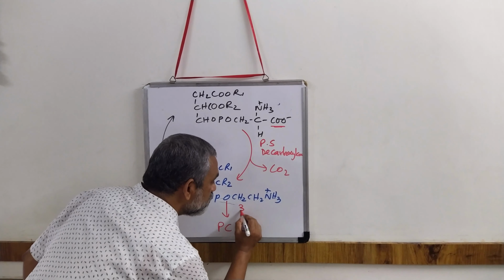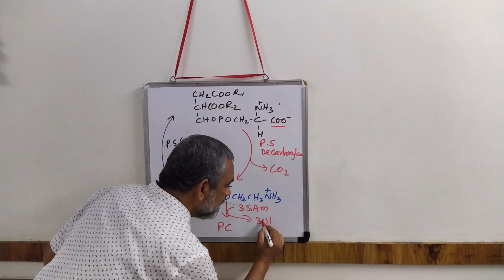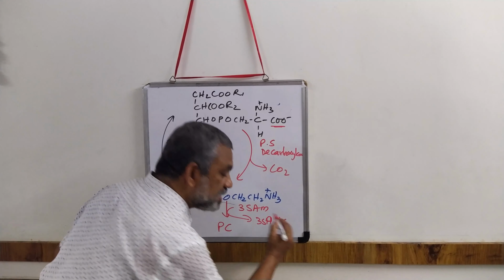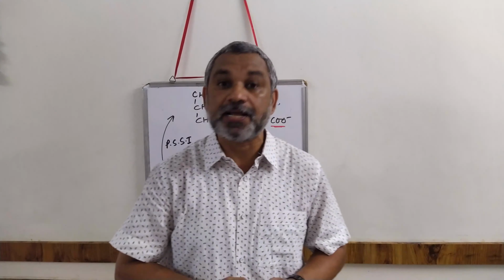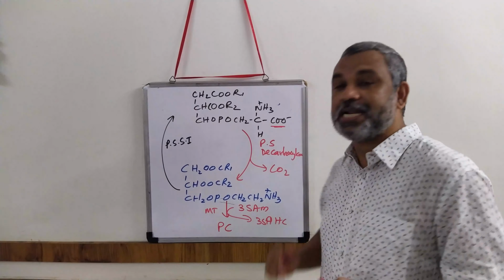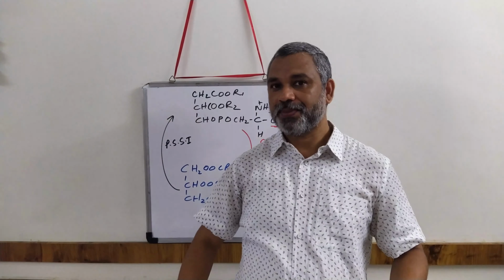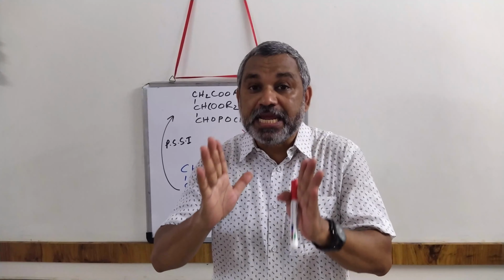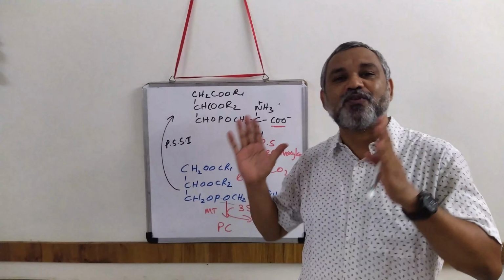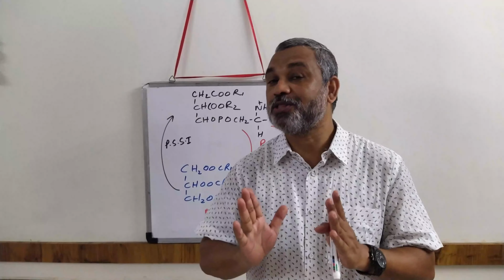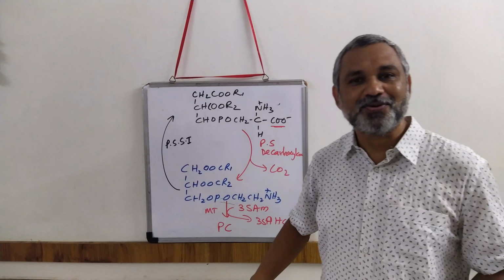Add 3 molecules of SAM and 3 molecules of S-adenosyl homocysteine are removed. The name of the enzyme is methyl transferase and you can make phosphatidylcholine. So a lot of interconversion occurs. Depending on the need of the cell, these 3 phospholipids are made. So this is how these molecules are made.